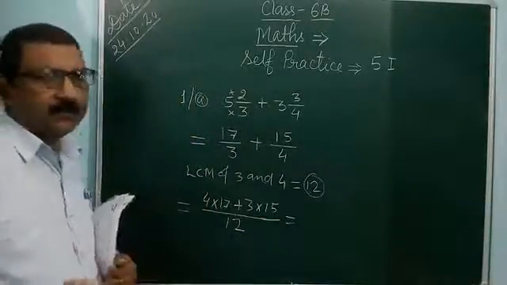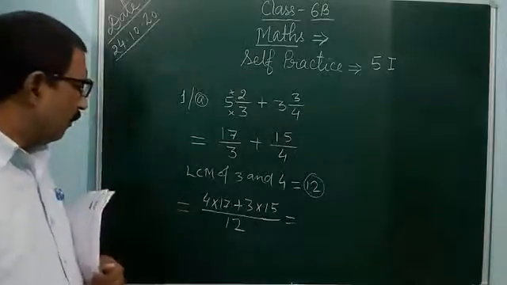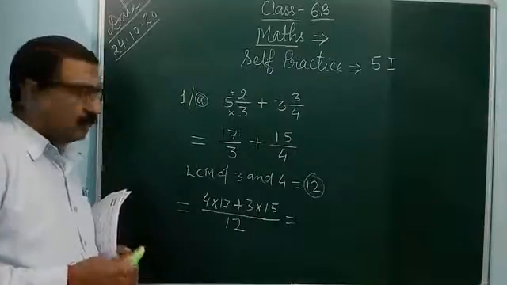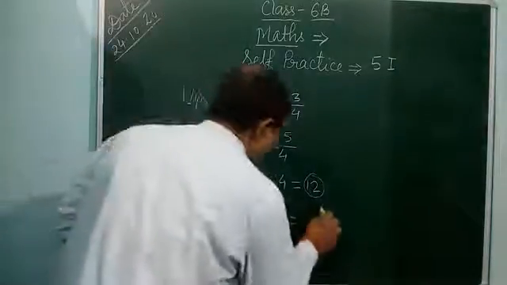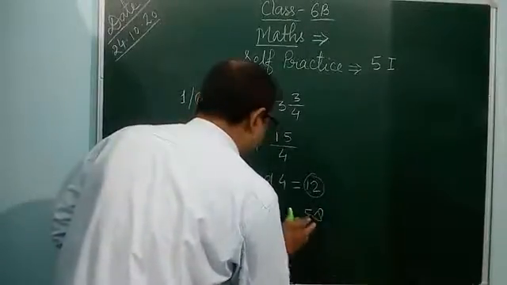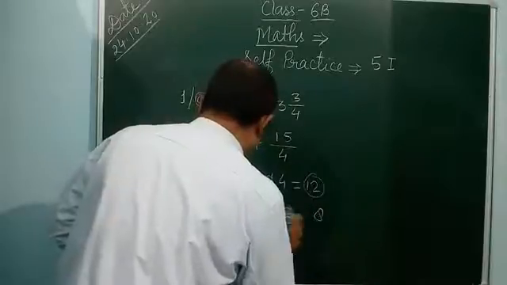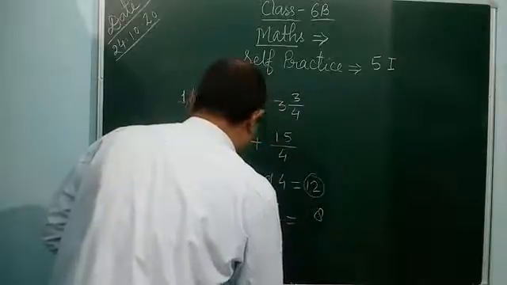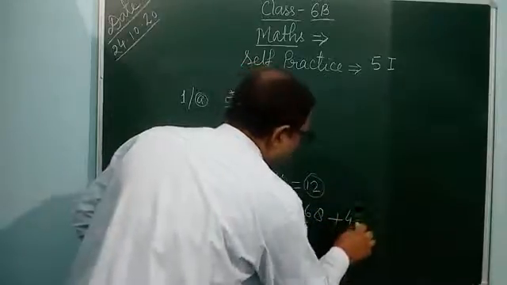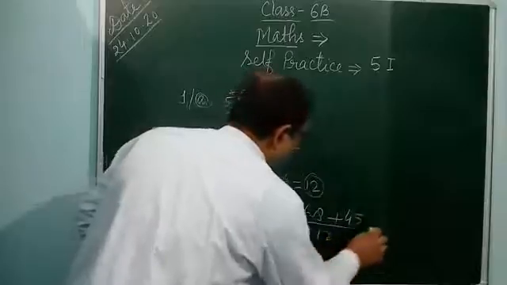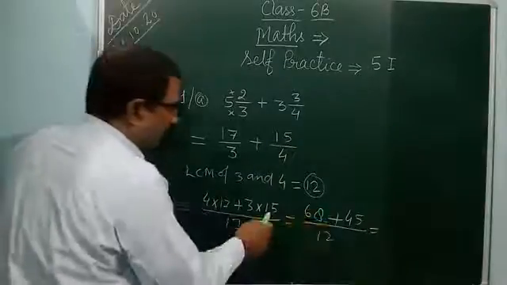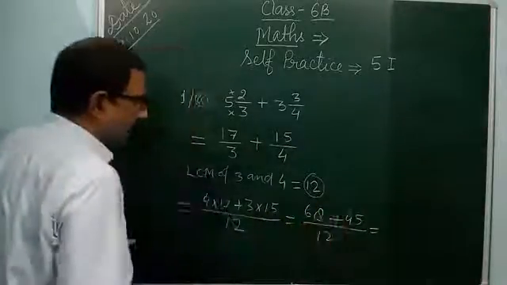So 7 ones are 7, 7 twos are 14, 7 threes are 21, and 7 fours are 28, so 68 plus 15 threes are 45, total upon 12 you can write.